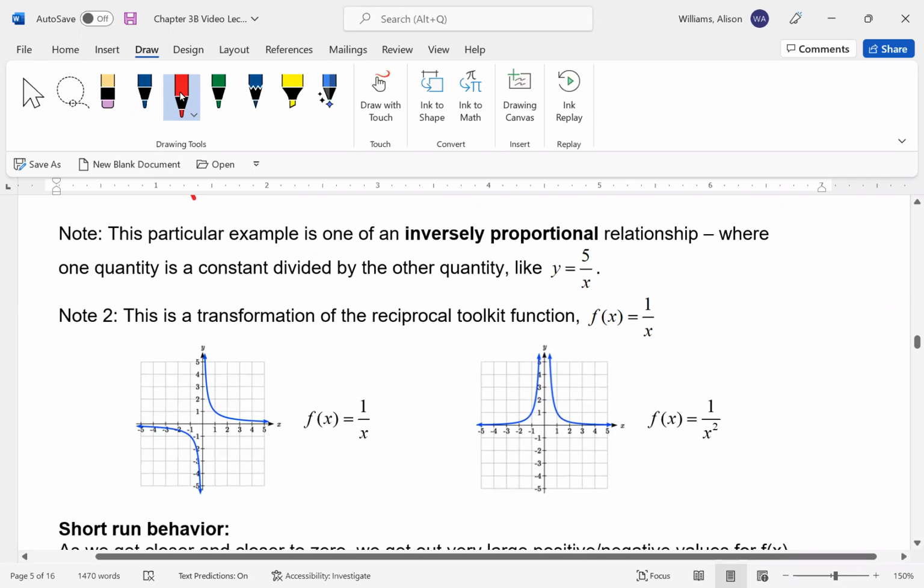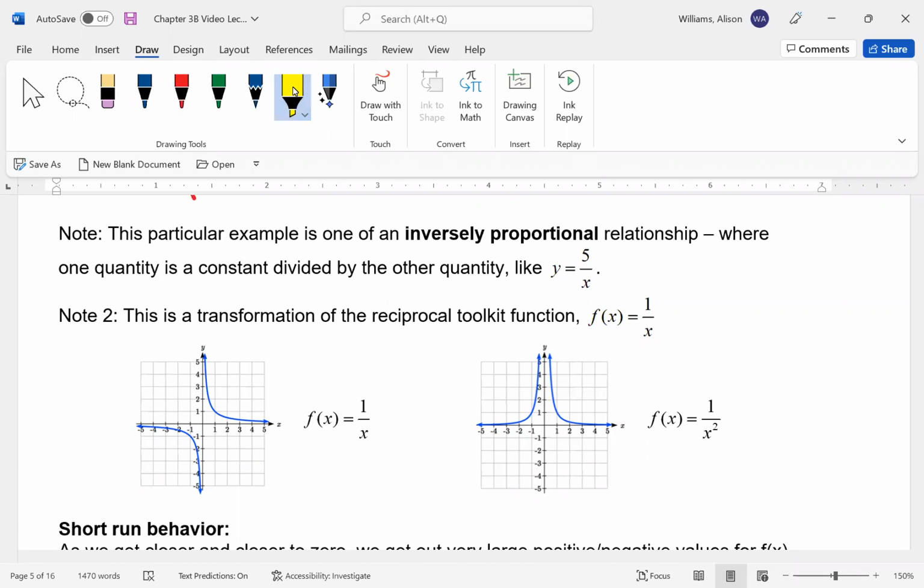Now, what we want to focus on with both of these functions is what the book is going to refer to as short run behavior versus long run behavior, which we've heard of, long run behavior. But short run behavior is the idea that interesting things are happening at specific numbers. So for the reciprocal function, the number that's interesting to us is when x equals 0.